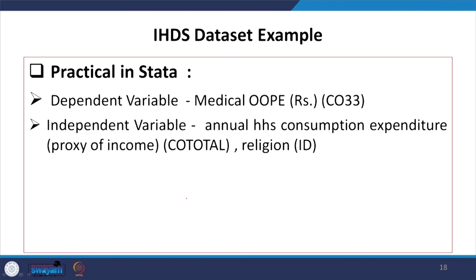You can also run it on your own through the ISDS example data set we have already uploaded, given with the name practical in Stata. The dependent variable is medical out of pocket expenditure in rupees, and the independent variables are annual household consumption expenditure, which is a proxy of income, and religion, etc. Religion is the ID variable.